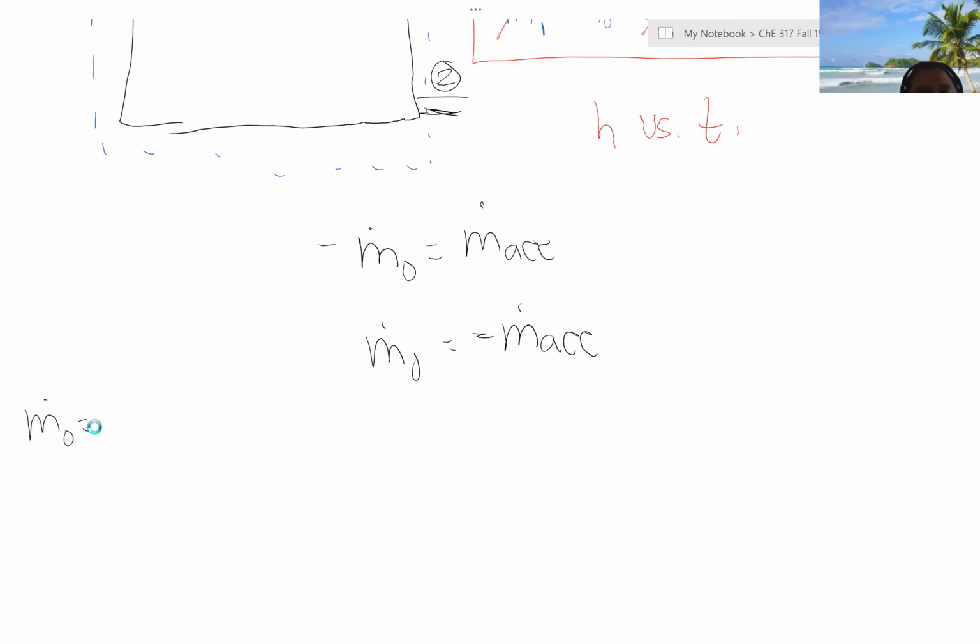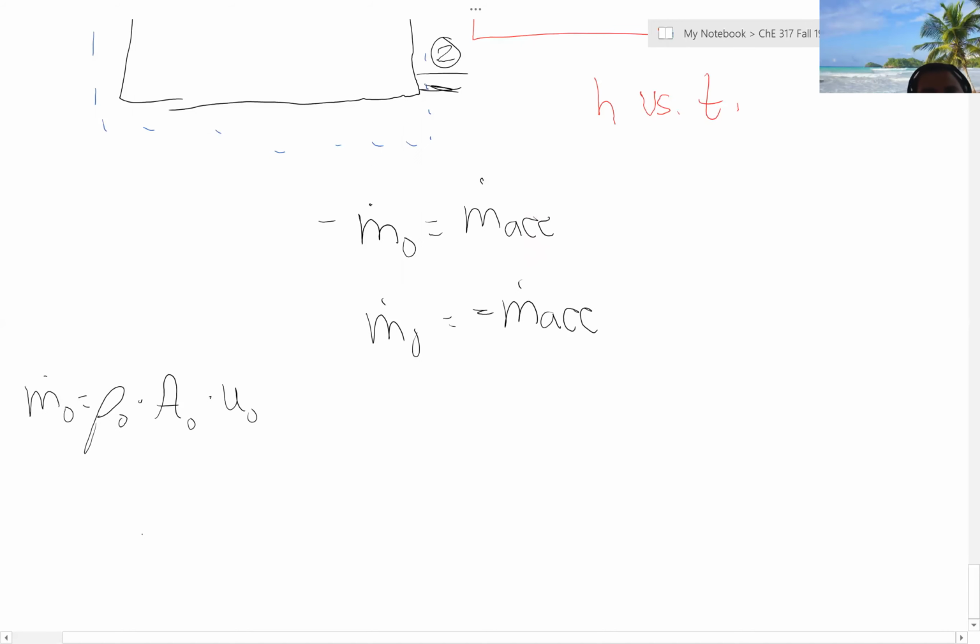Well, I could state that it's the density out times the area out times the velocity out, right? And I already have an expression for the velocity out. So I can say density times my area out times C sub D square root of 2gh.